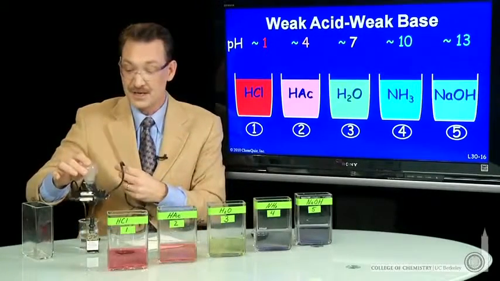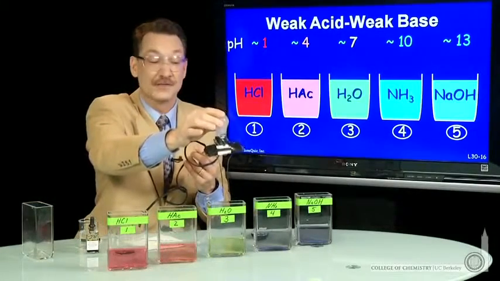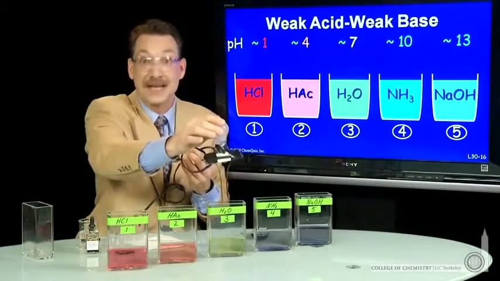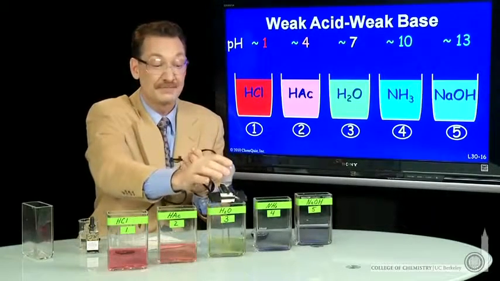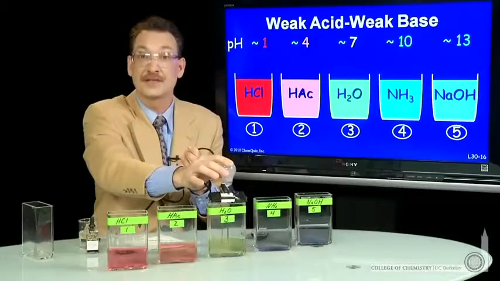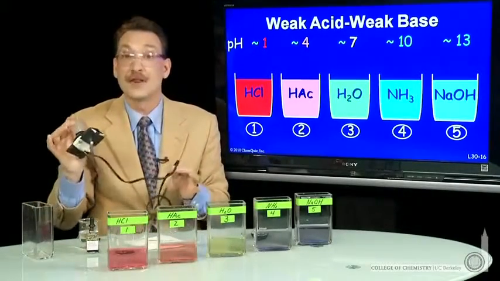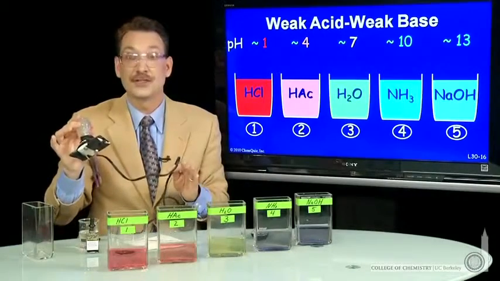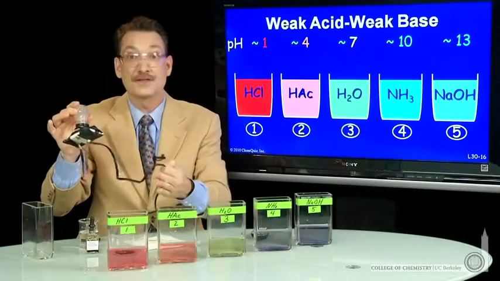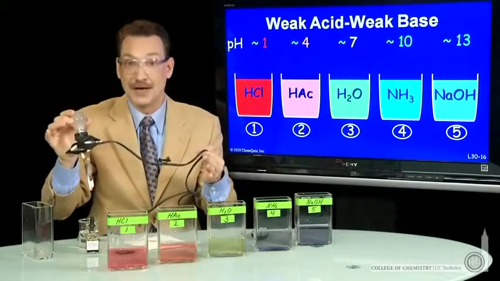If you look at, by comparison, water, very low concentration of ions, 10 to the minus 7 H3O pluses, this is non-conductive. And in general, pure water is not a conductive solution. So let's look at the weak acid. Now the weak acid dissociates much less strongly than the strong acid. So the HAc does not completely break down.